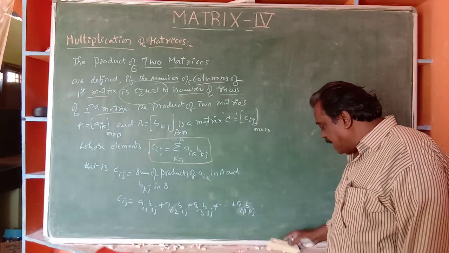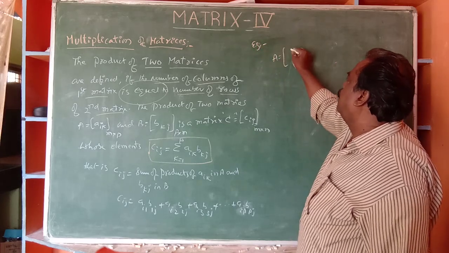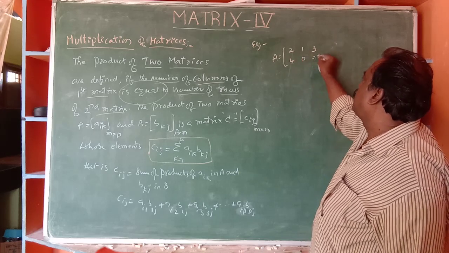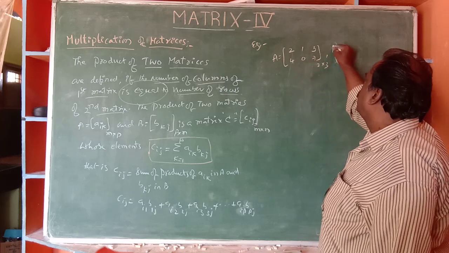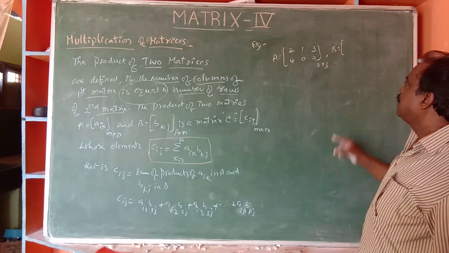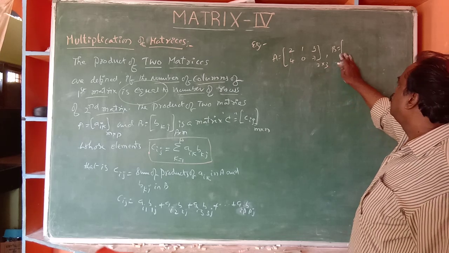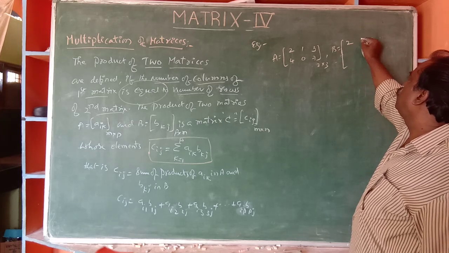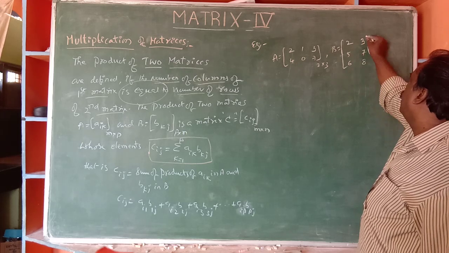By giving an example, you can understand. Suppose capital A is 2, 1, 3, 4, 0, 7. It is a 2 by 3 matrix: 2 rows, 3 columns. If you want to multiply A by B, the number of columns here must be equal to the number of rows. So B is 2, 3, 5, 7, 6, 8.